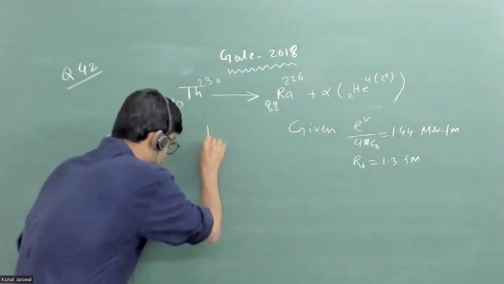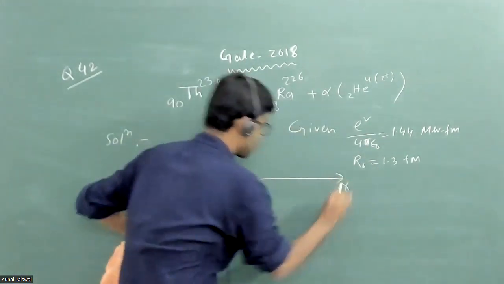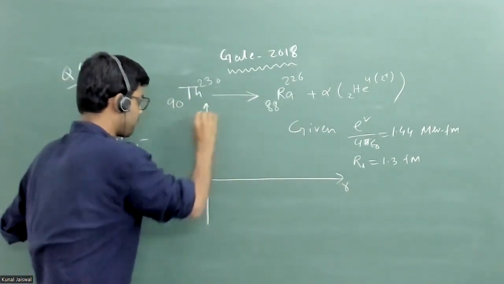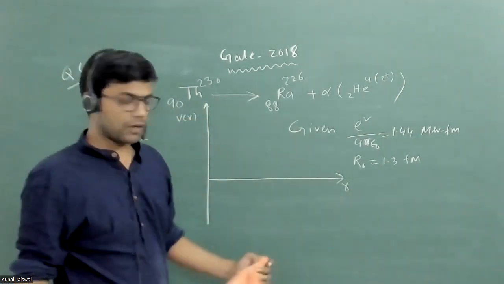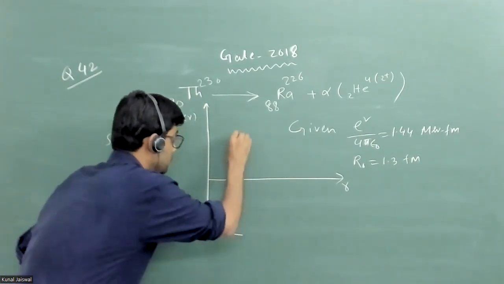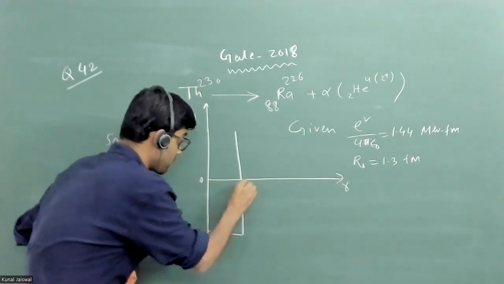As you know, the nuclear potential V of R versus R will look like this kind of. So this is 0, this is R.